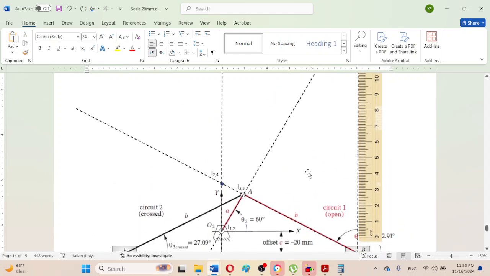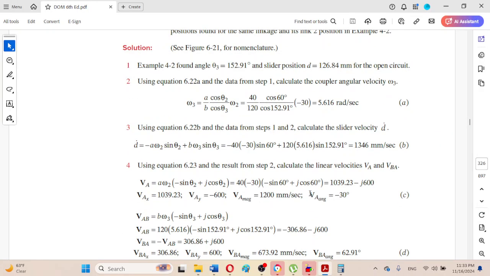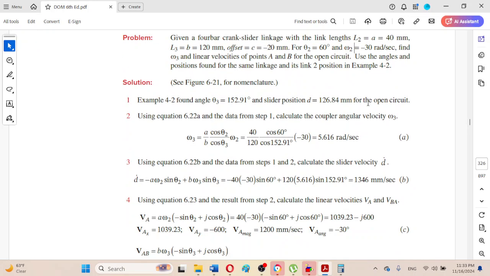And now according to the problem statement in this example, omega 3 is equal to omega 2 is equal to minus 30 radians per second, so we will be determining the magnitude of the velocity vA.